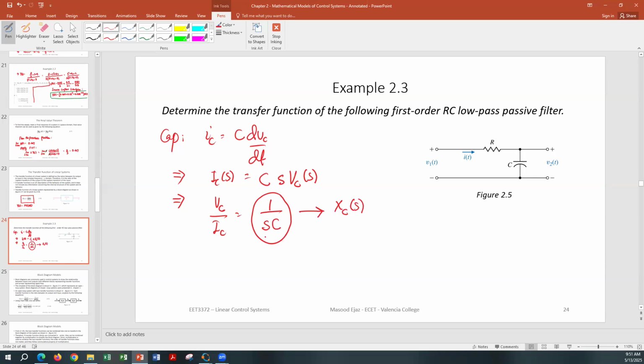Reactance of capacitor in complex frequency omega domain is 1 over j omega C. And S is basically sigma plus j omega, remember. J omega is part of S. So in the S or Laplace domain, reactance of the capacitor is given by 1 over SC.